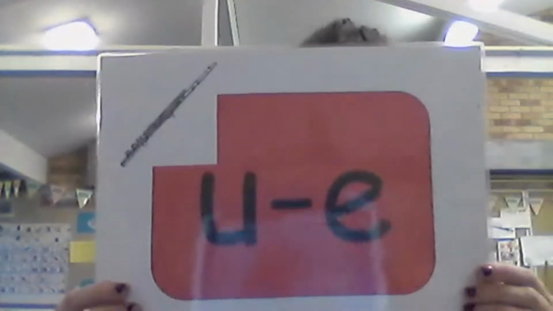Let's pinch those sounds on now. So there are 4 phonemes in our word flute. Pause your video now and write the word flute on your piece of paper or whiteboard. Off you go.